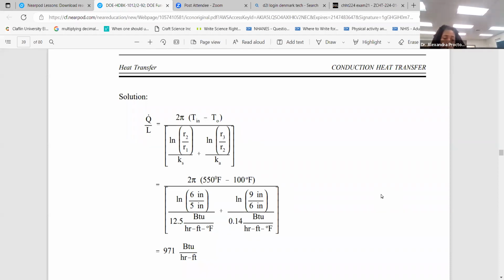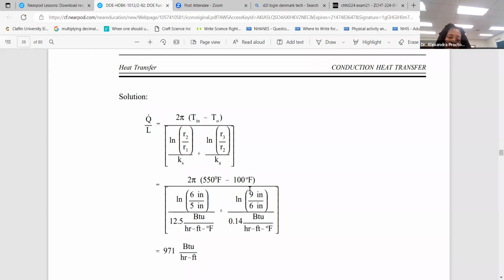So the equation that you need to use is Q divided by L is equal to 2 pi times T in minus T out divided by the natural log of R2 over R1 over KS plus the natural log of R3 over R2 over KA. And then they plug in and solve.